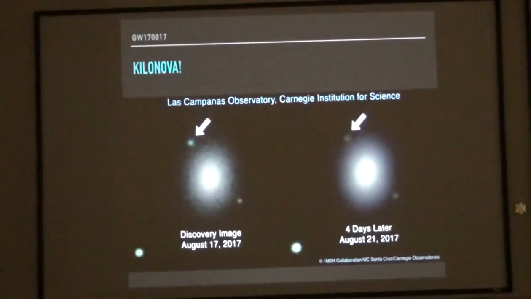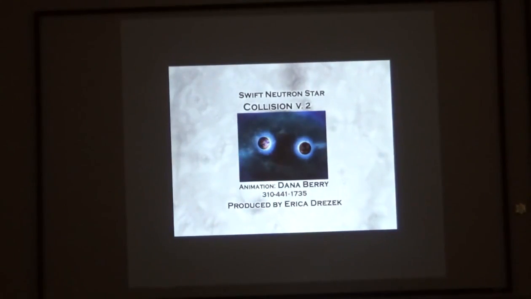So you get people to jump on it. You've got 70 observatories on the go, getting data. You see 4 days later that you've got quite a difference in the activity. So, what actually happened?